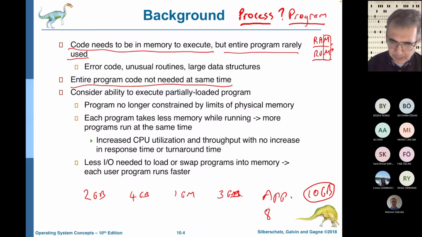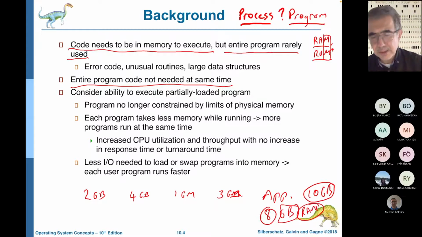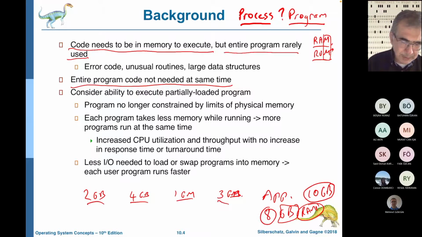Can they run on 8 gigabytes of RAM at the same time? The answer is, without virtual memory, no. But with virtual memory, the answer is yes, because these applications are big and not all the parts are necessary to be in the memory all at once. Parts of the application can be loaded. But the question is, which part?